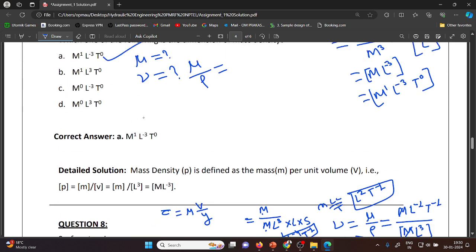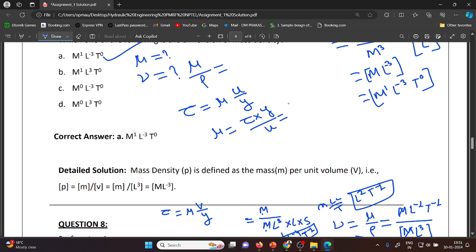It should not be like that. Tau is equal to mu into u by y. So mu is equal to what? Tau into y divided by velocity.